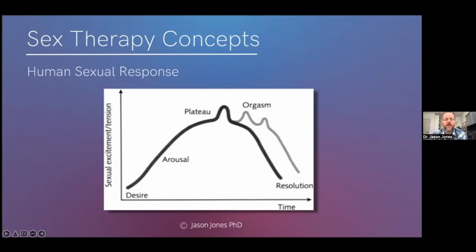So this model does not talk about context enough. It's a very intrapsychic process of something that's just happening within an individual, which makes a lot of sense given that it really comes from a medical model. It is trying to look at what is normal, and then try and get people to conform to this pathway as the standard path for sexuality.